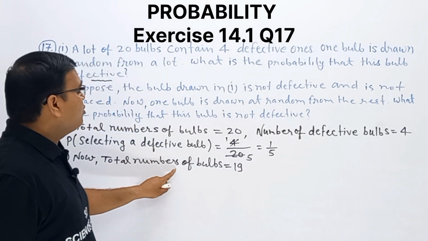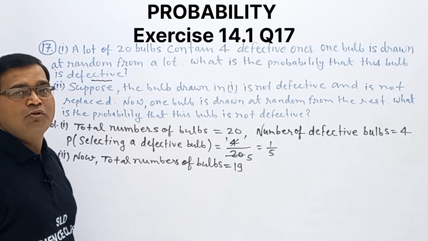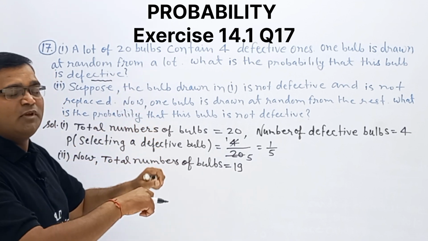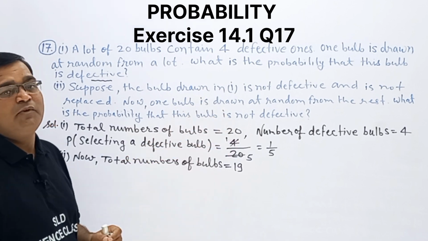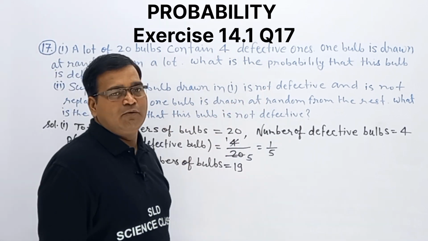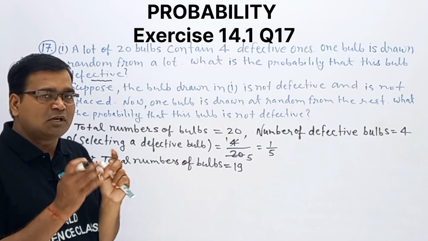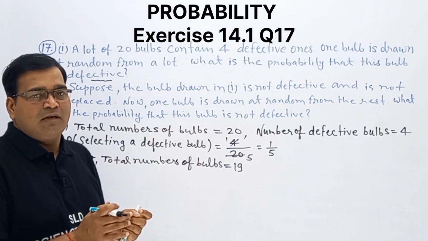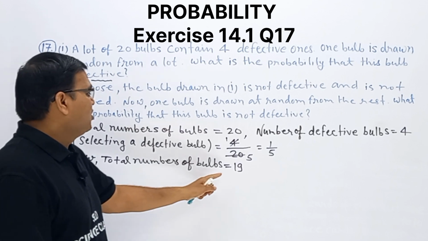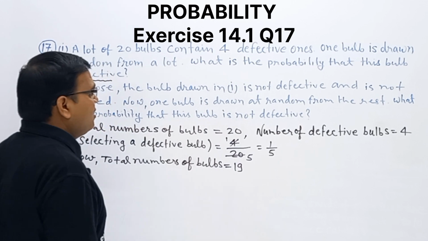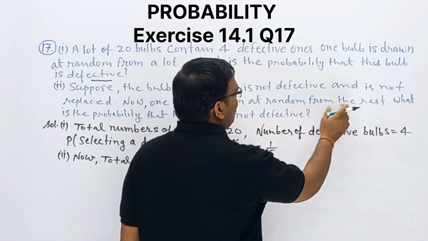How? Because once we draw one bulb and put it aside, and that bulb is not defective, it is a good one. It means total bulbs we had 20 in the lot, but we drew one and put it aside, getting 19. 20 minus 1, 19. Clear? Now one bulb is drawn at random from the rest.